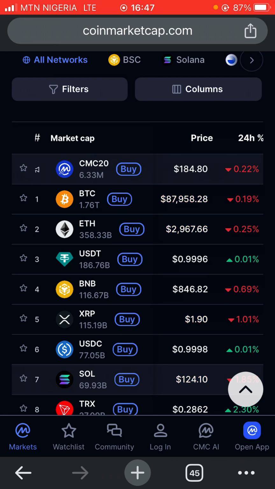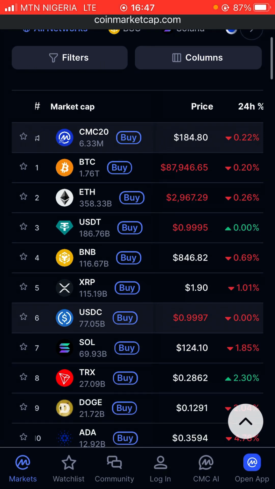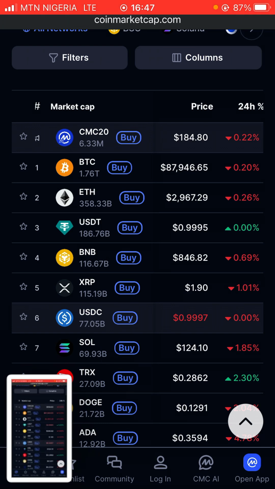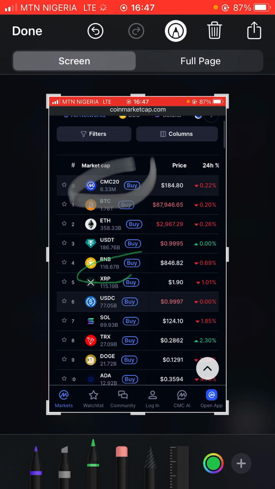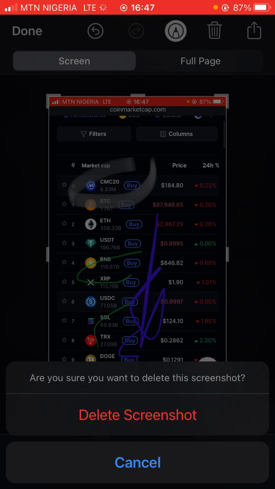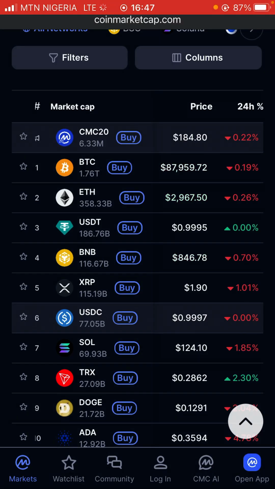So I'm already on CoinMarketCap. Alright, so this is CoinMarketCap, and all of these things you are seeing here are different coins, right? You can see all of them right there. So basically, the way to find this arbitrage opportunity is simple.